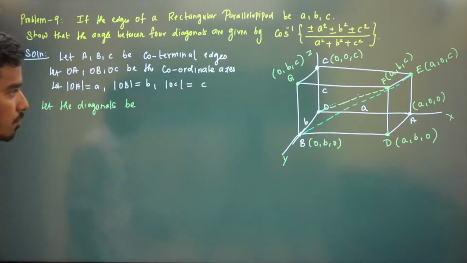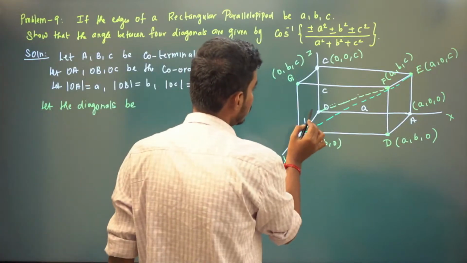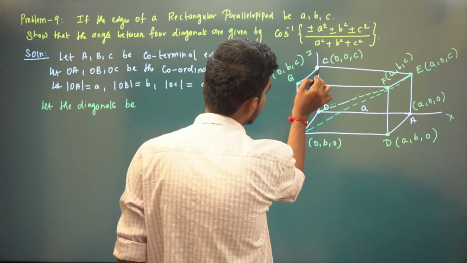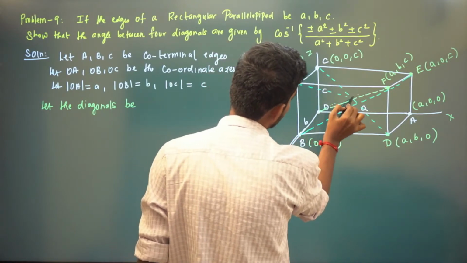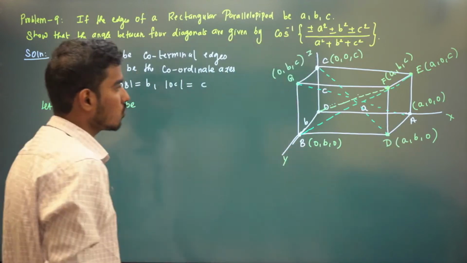So OF, BE, and then we will have CD to be the third diagonal, and AG to be the fourth diagonal. So you will have four diagonals in the cube.